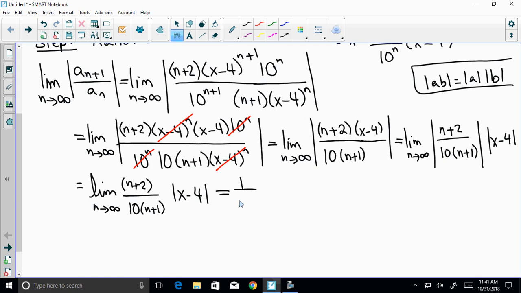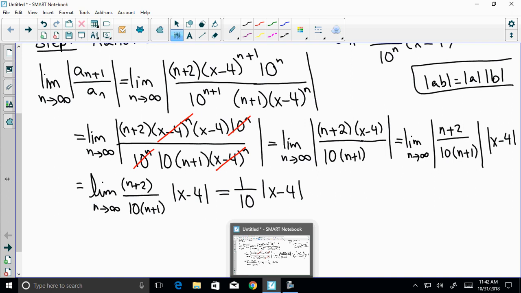If you want, you can also change your n's to x's and use L'Hopital's rule. You can also divide top and bottom by n. You can also say when n goes to infinity, this 2 and this 1 don't count, so you get n over 10 n, which gives you 1 over 10. Any way you want to look at it, you get 1 over 10, times the absolute value of x minus 4.